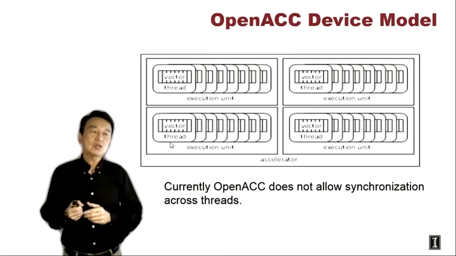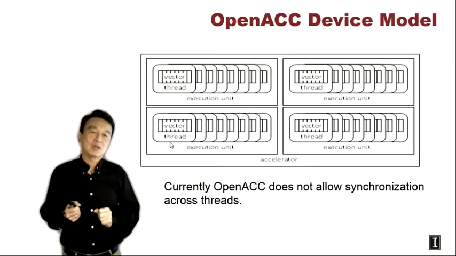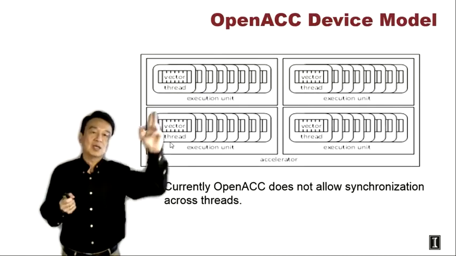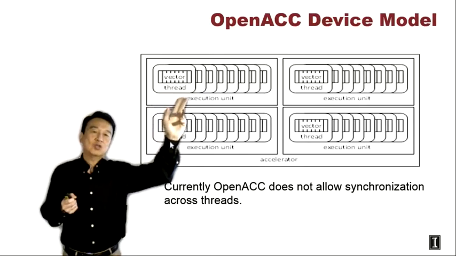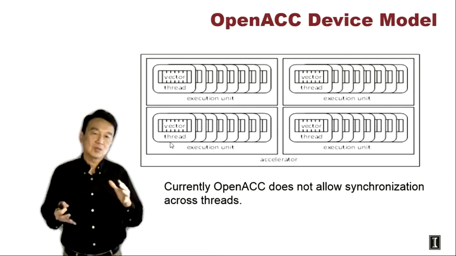These execution units are essentially mapped to streaming multiprocessors for execution in a CUDA GPU, and then each execution unit will have threads, which are equivalent to the threads in the CUDA execution model.